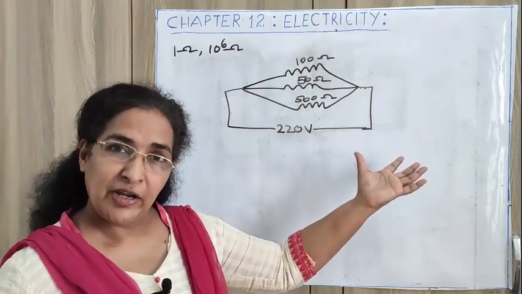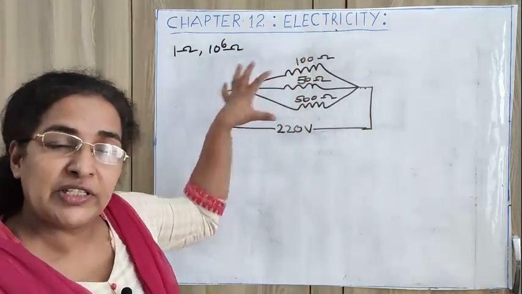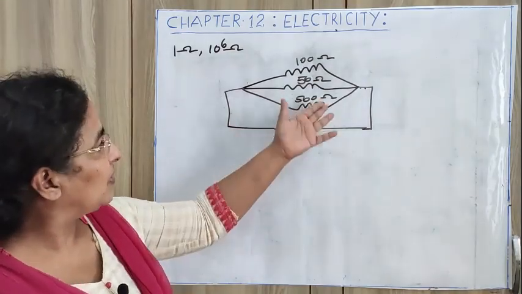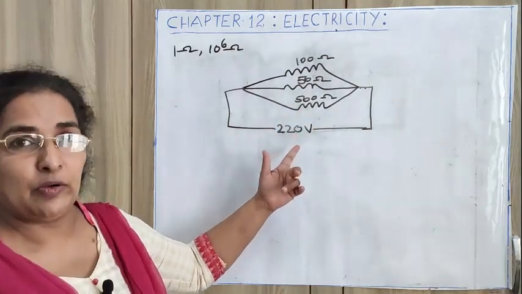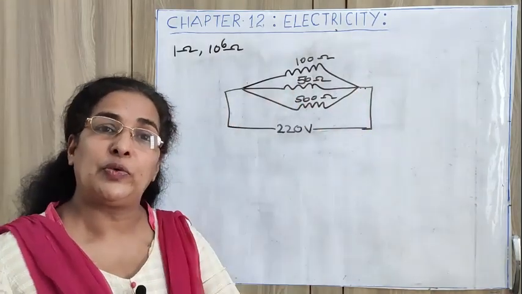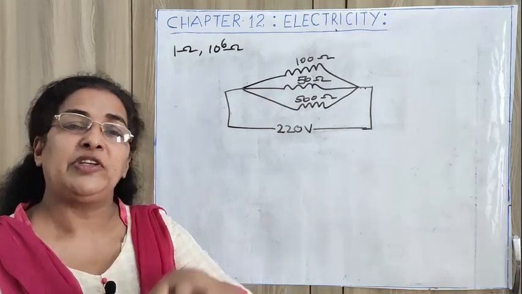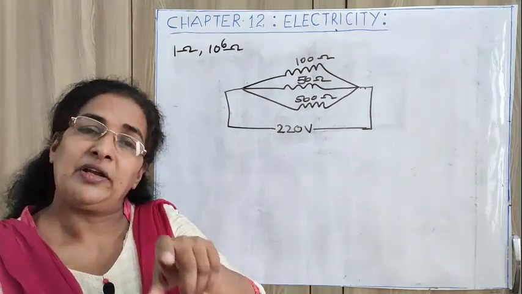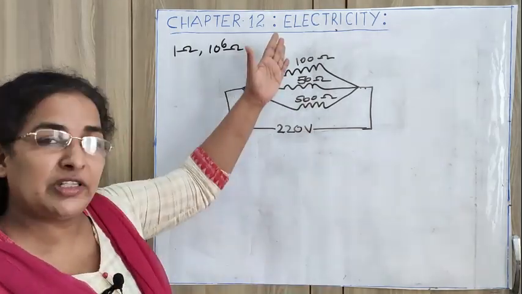Are you understanding me? There is an effective resistance in the circuit for a current, whatever, we can find out the current here also. The current will be passing through it, and the same current should pass through the electric iron. If the same current has to pass through the electric iron, the resistance of the electric iron should be the effective resistance of this.